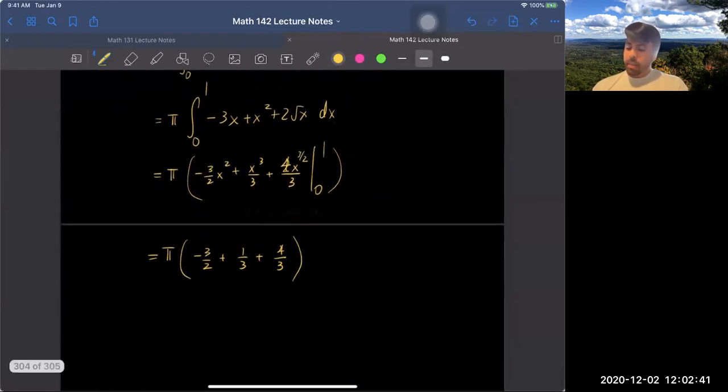Now make them all the same denominator: negative 9 over 6 plus 2 over 6 plus 8 over 6, times pi.